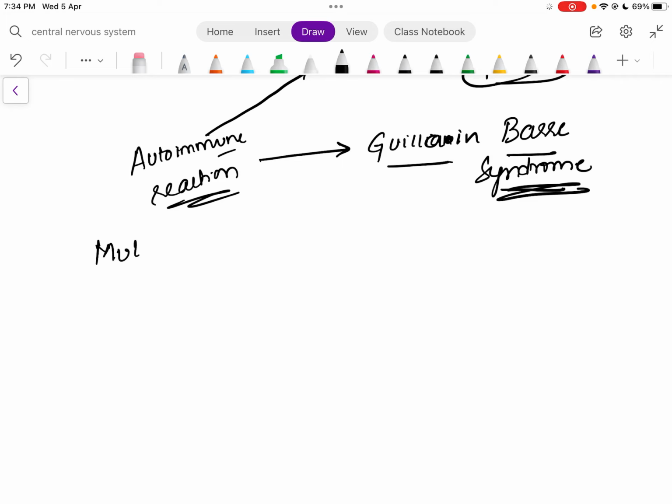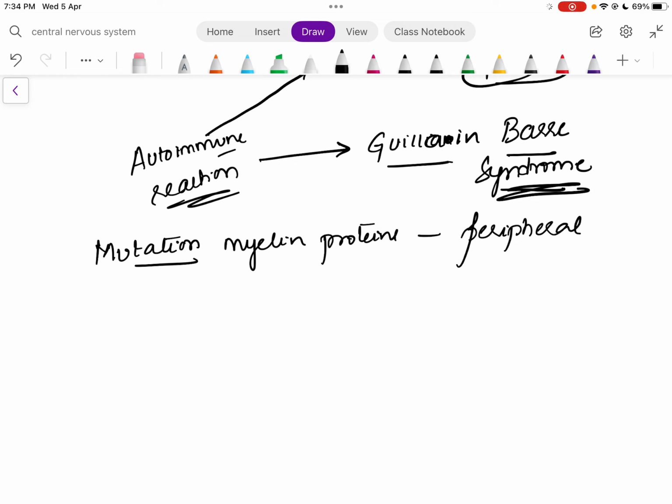And mutation in the myelin proteins will cause peripheral neuropathies.